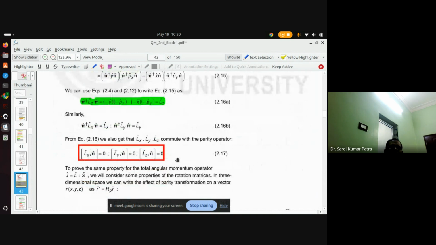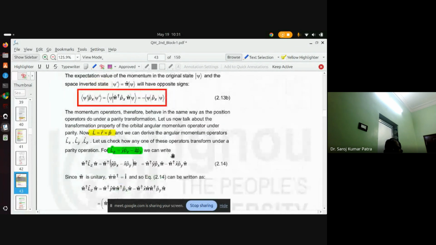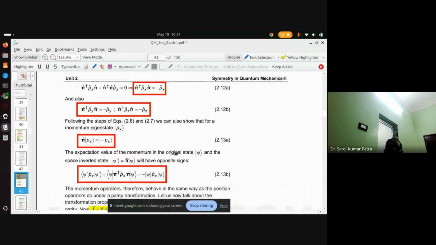So that's why angular momentum will commute with pi. So it is not anti-commutator, it is commutator. So if pi dagger Lz pi is equal to Lz, then the commutator of Lz and pi will be equal to 0. This is simple commutator algebra. Is this part clear? You can check and ask, that's fine.